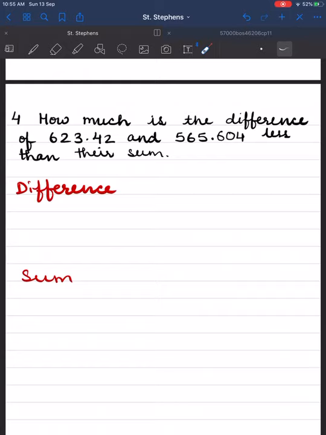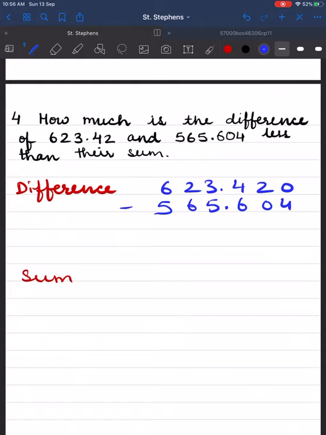So let's do. Now first let's convert the first decimal number into a like decimal number having 3 decimal places. So we write 623.420 and below it we write 565.604 and we subtract.